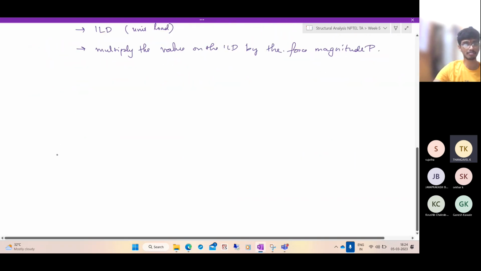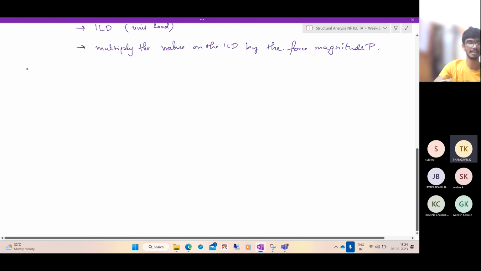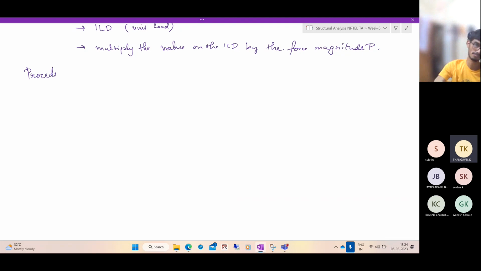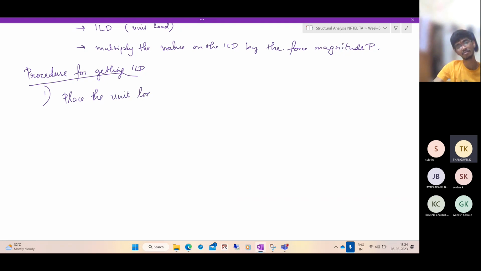But for getting the ILD, what is the procedure? Okay, let's go through that. So for getting the ILD, the first step is to place the unit load at any general point on the beam, and that's all.